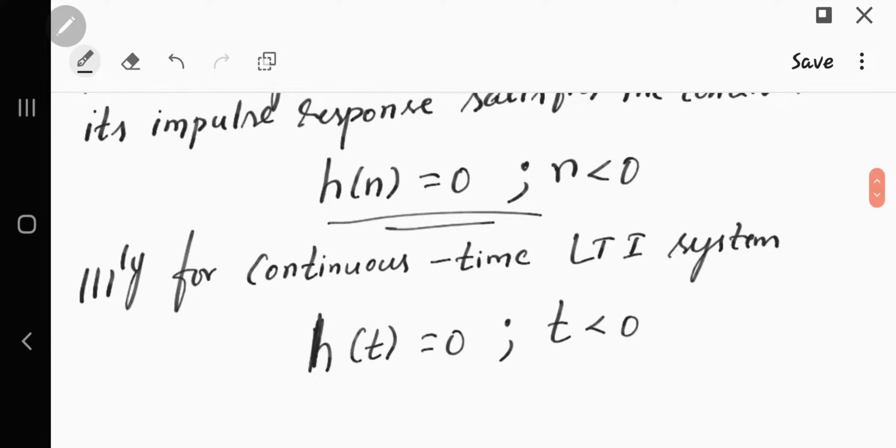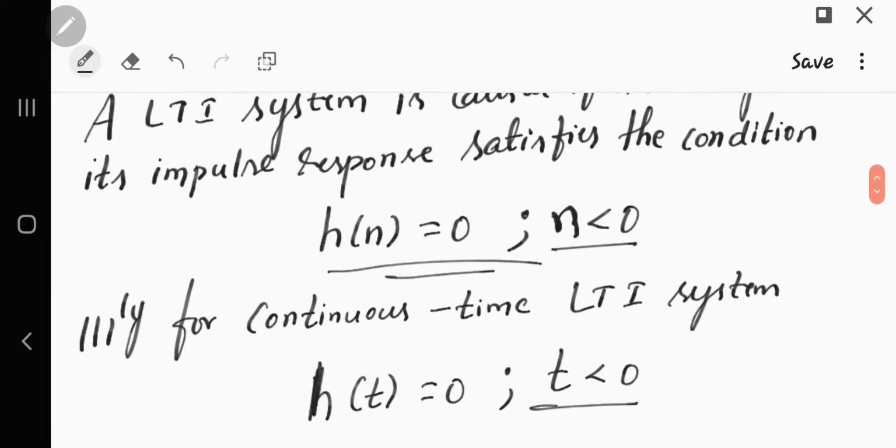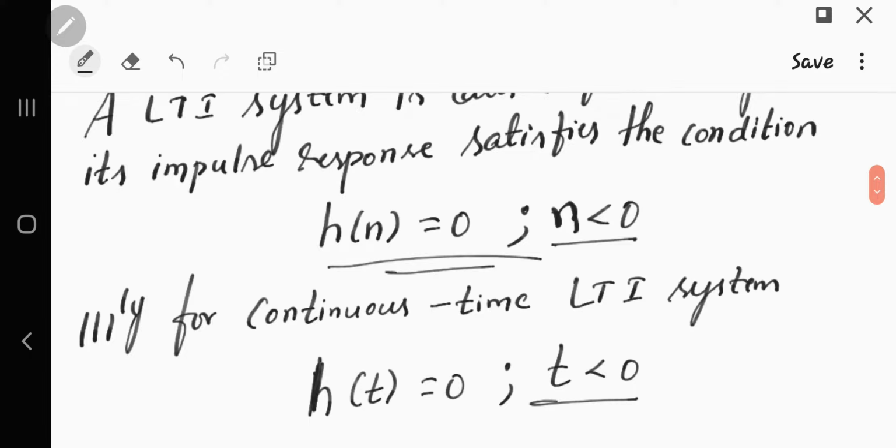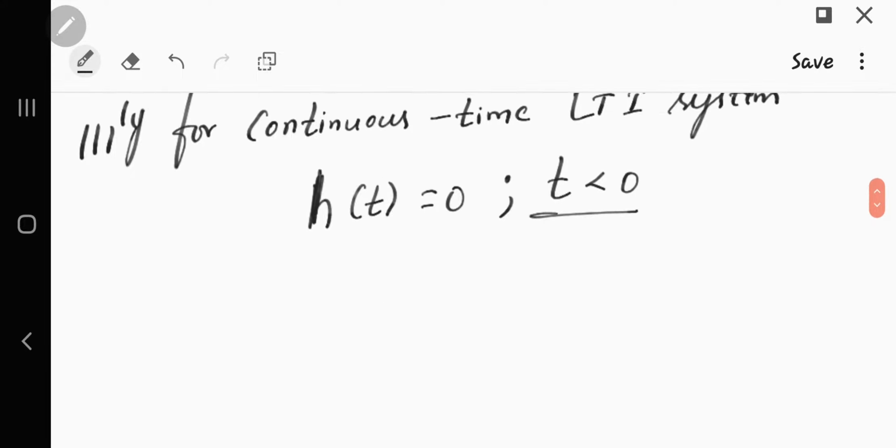In the discrete case, n represents the time index, and in this case, t represents the time index for a continuous time system. So for negative values of t, h of t should be 0 for the system to possess the causality property. Okay, so next is stability.